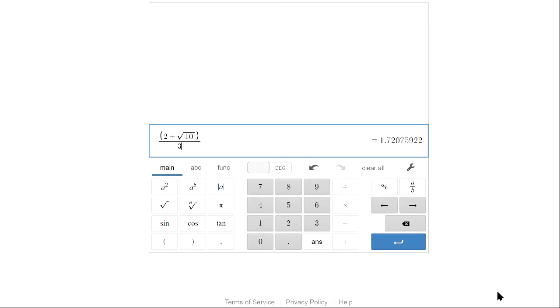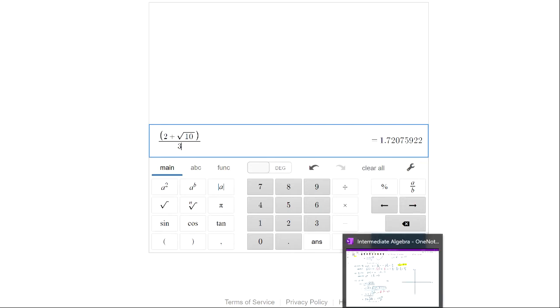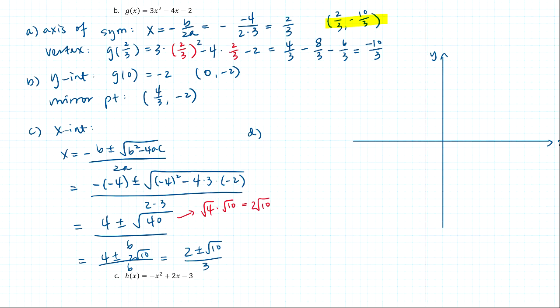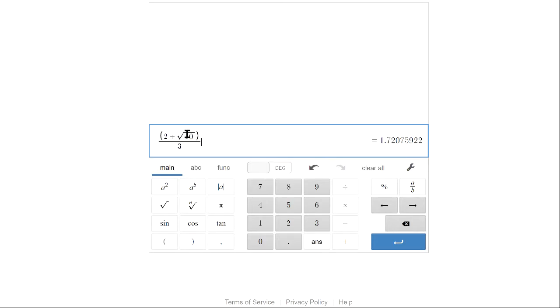And we get about 1.72 as a result. So the first point is about 1.72 comma 0, because it's the x-intercept. Y is equal to 0. The second point should still have y-coordinate being 0, but the only thing I need to change is to change the plus on top to be a minus on top.